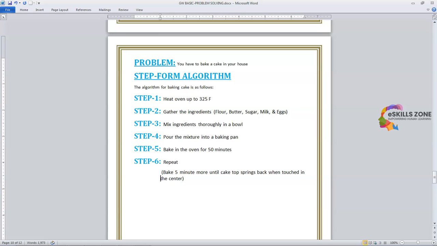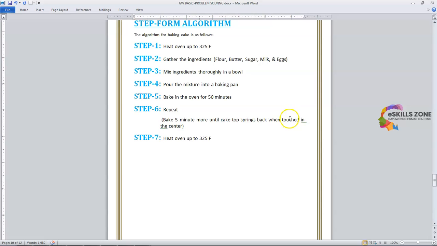Baking a cake. Step 7, this is the last step. Cool on a rack before cutting.